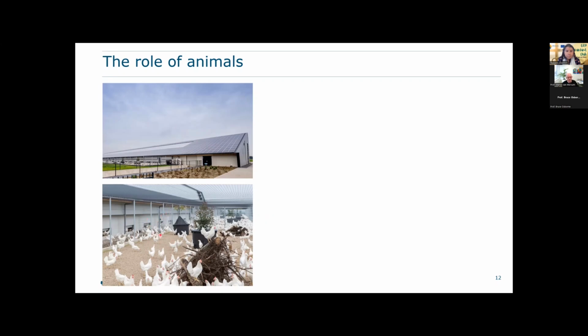And these chickens are fed entirely, exclusively with byproducts from the food system. So broken biscuits and all kinds of products that basically are byproducts or waste products from the food system, not used anymore for food consumption, but are used as feed to feed the chicken.